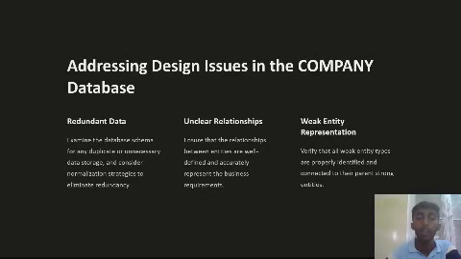Unclear relationships: ensure that the relationships between the entities are well defined and accurately represent the business requirements. Weak entity representation: verify that all the weak entity types are properly identified and connected to the parent strong entities.